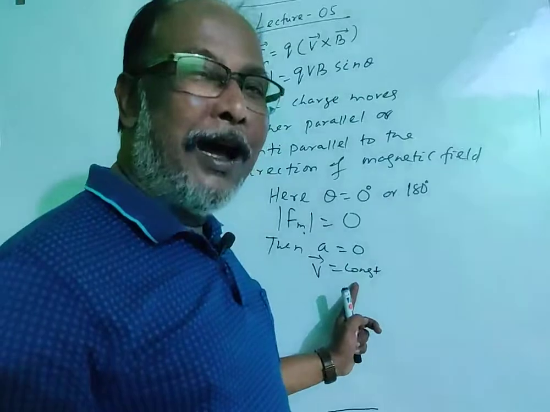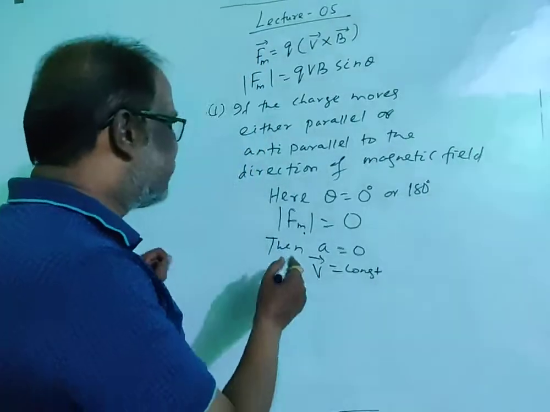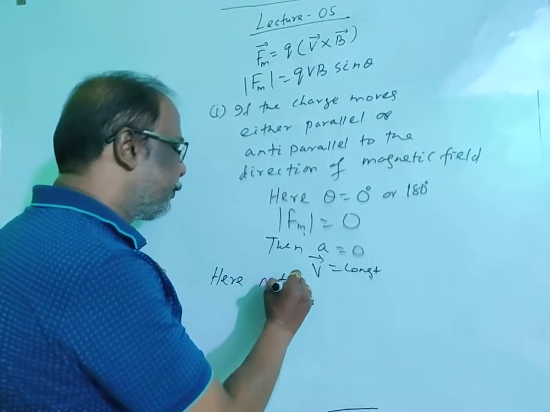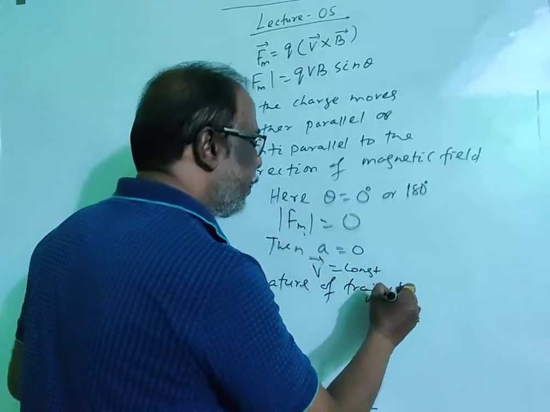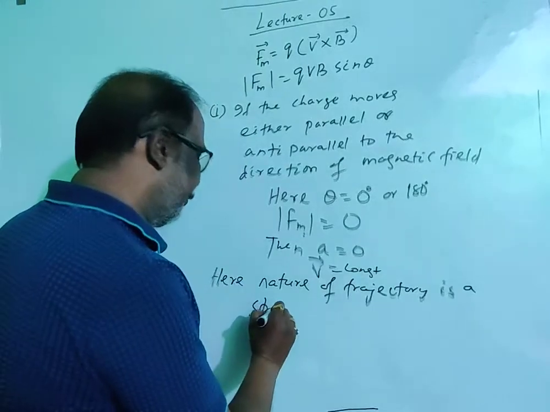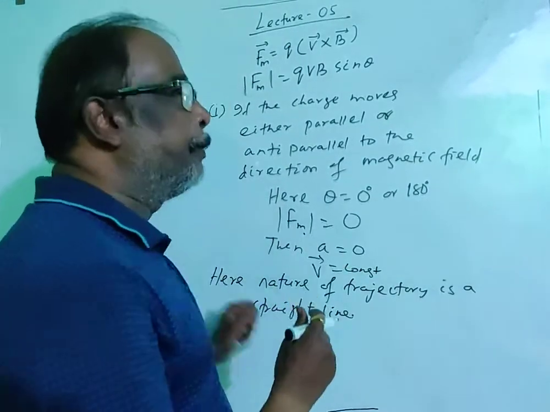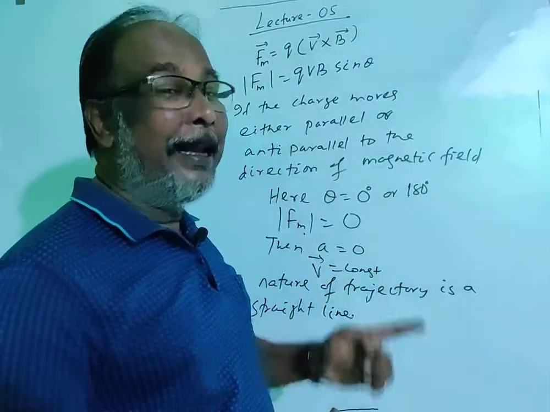If velocity is constant, then speed and direction both remain constant, means here nature of trajectory is a straight line. Means the charged particle moves along a straight line. This was case 1. Then case 2.